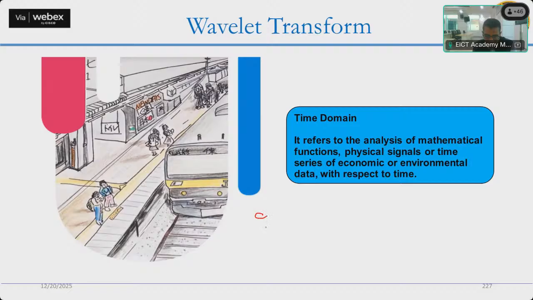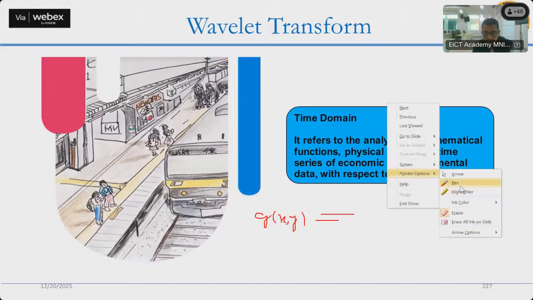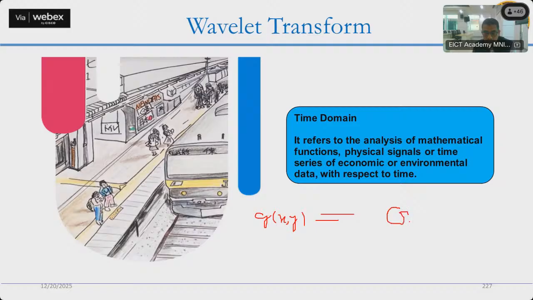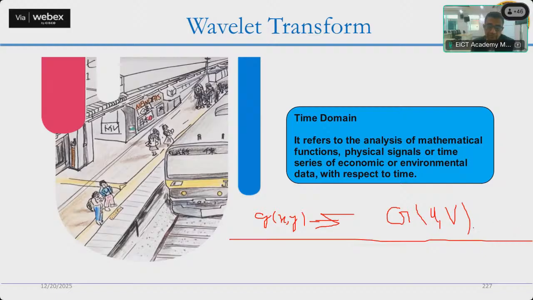If you recall, if my image is g(x,y), that's why in the Fourier transform we considered that g(x,y) leads to the capital G(u,v).